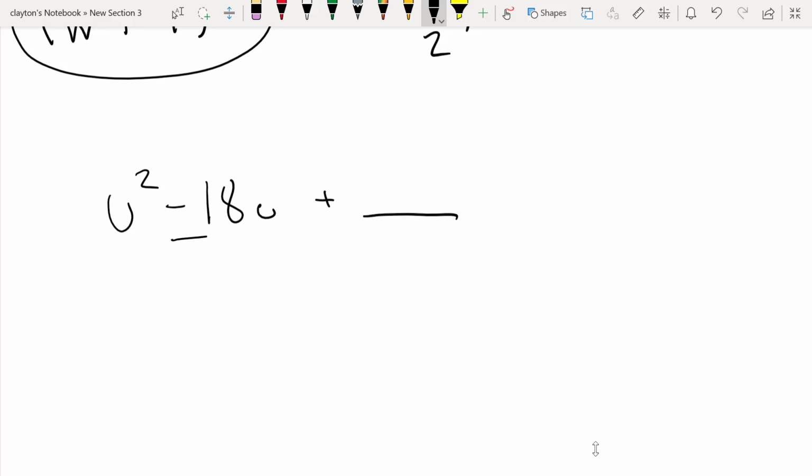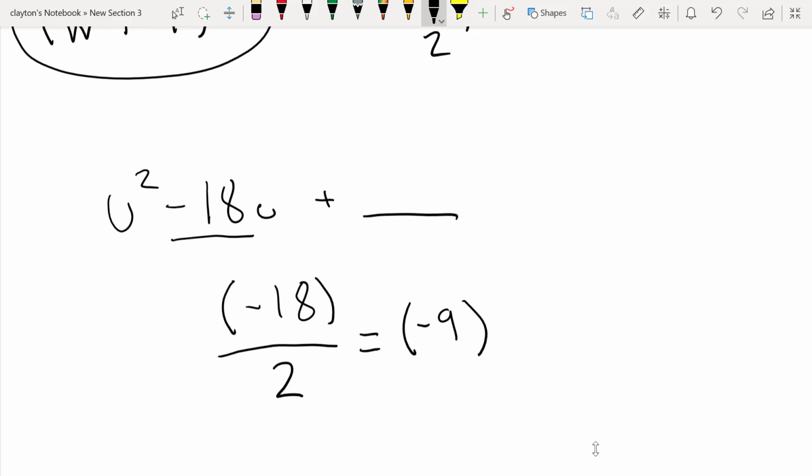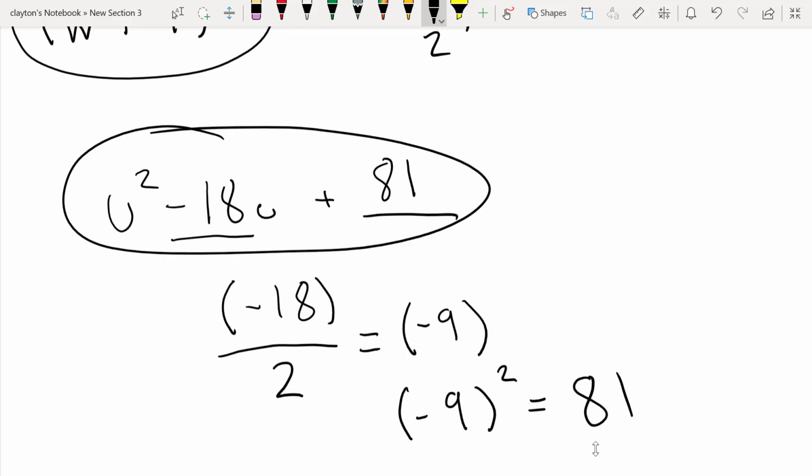Again, we look at the middle number. It is negative 18. I'm going to always divide by 2. I will get negative 9. Now I take that negative 9, write it down here, and square it to get positive 81. That is the value I'm looking for.